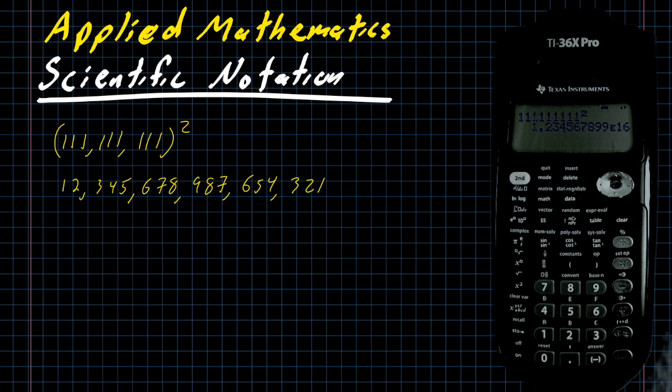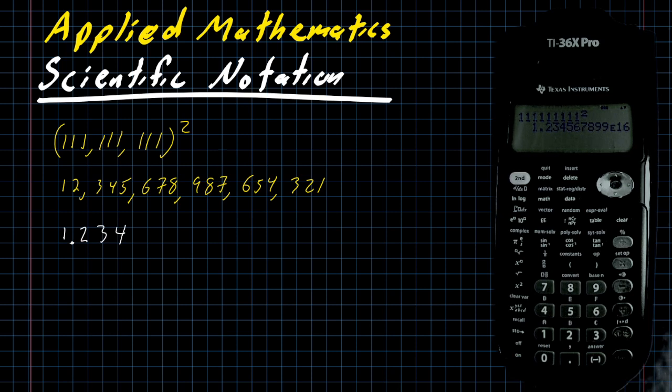I'm going to actually truncate it even further because, let's be honest, for almost any practical application, 3 or 4 significant digits is enough. So I'm just going to take the first number, a 1, put in a decimal point, continue on with the next couple of digits, 2, 3, 4.